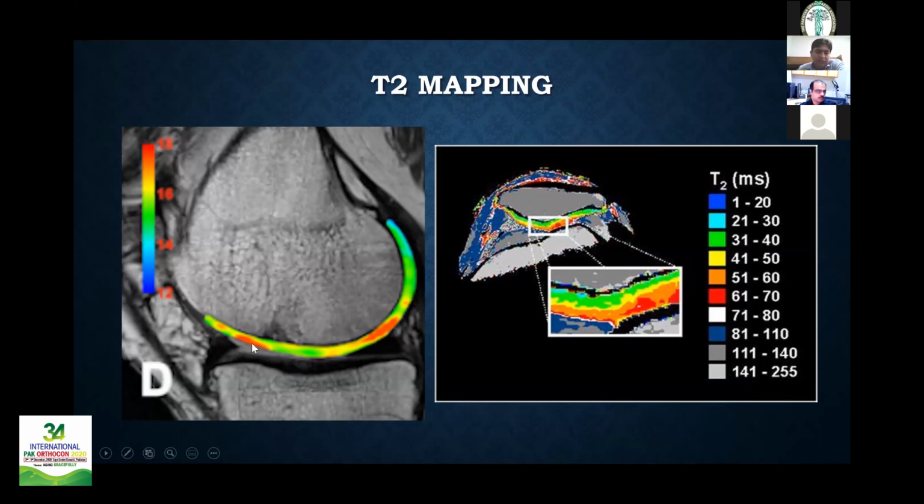Here we can appreciate hyperintense, red signals of high intensity compared to the normal cartilage, which is usually greenish blue. These signify areas in which the proteoglycan or collagen has been lost. This is a diagrammatic representation, and you can see the prolongation of the T2 relaxation time.